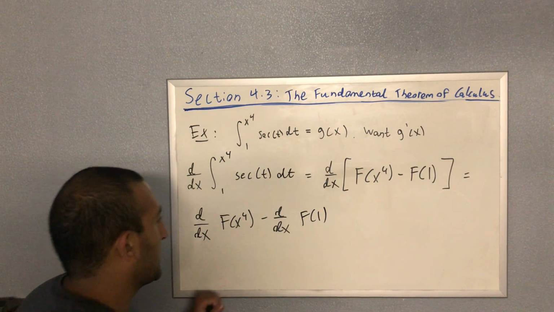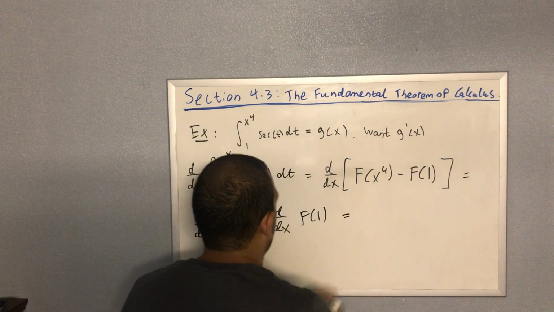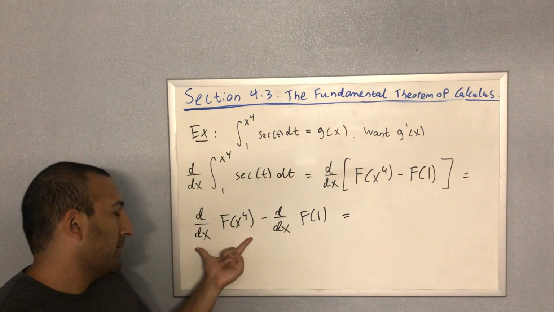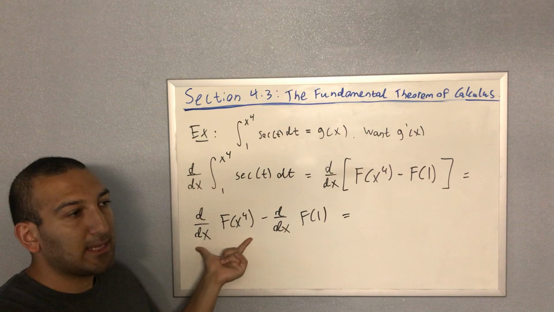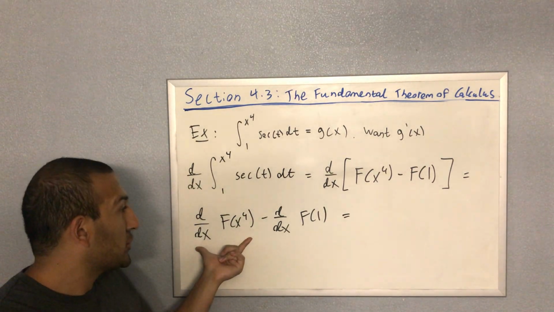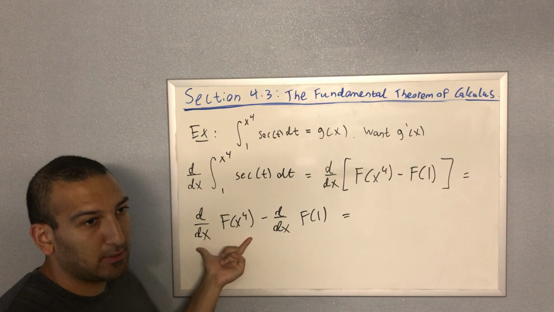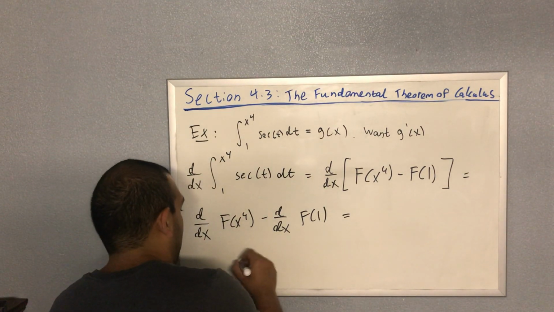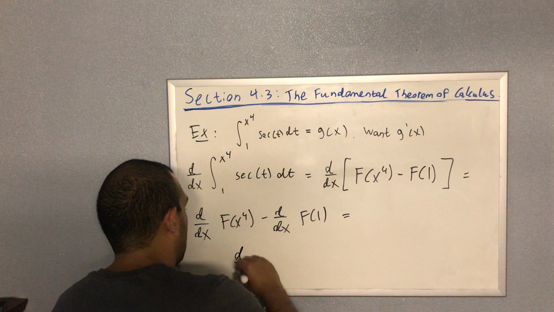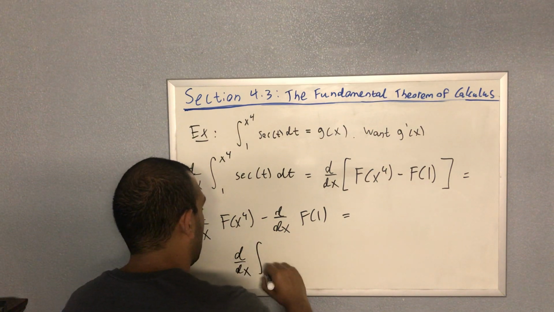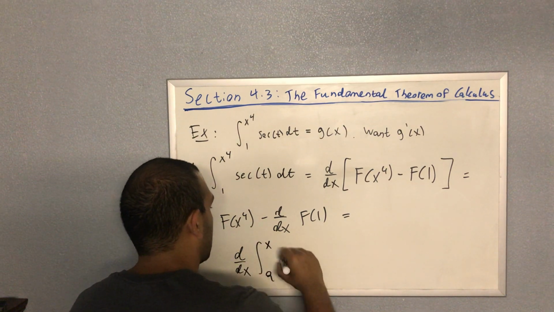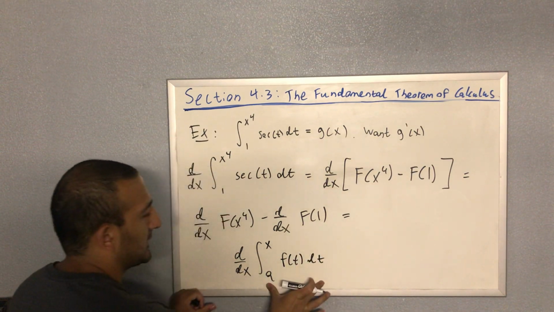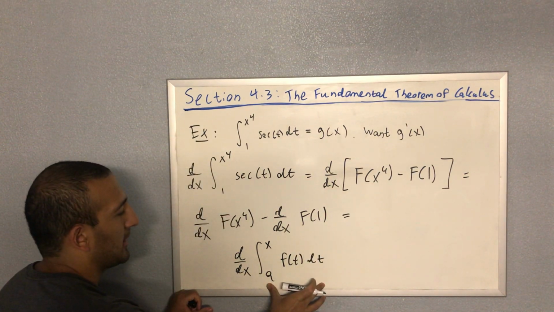Now let's think about this for a second. FTC 1 tells us that the derivative of the antiderivative should just give us the original function. We discussed this: if you take the derivative from a to x of this guy, this is essentially the antiderivative in a sense.